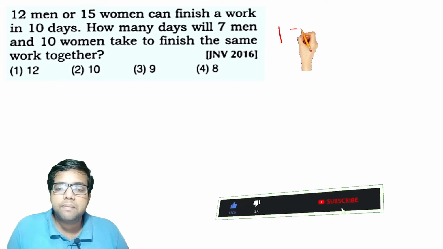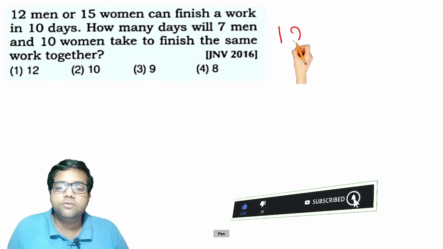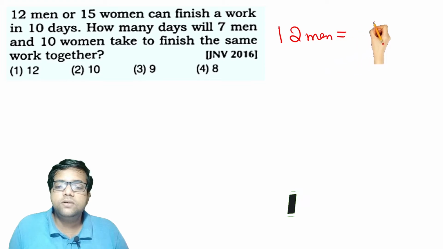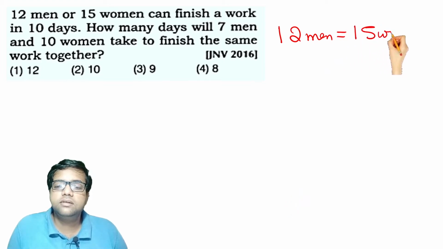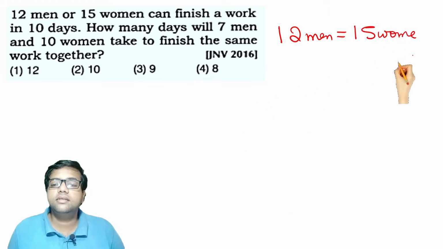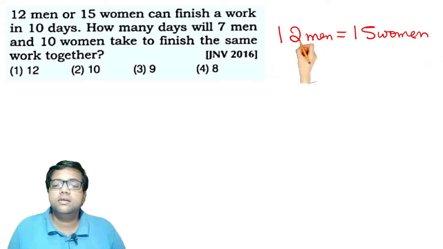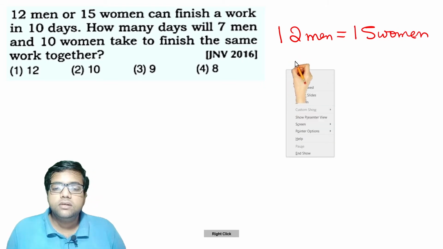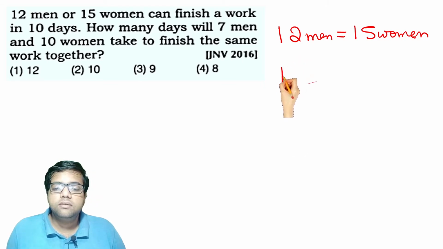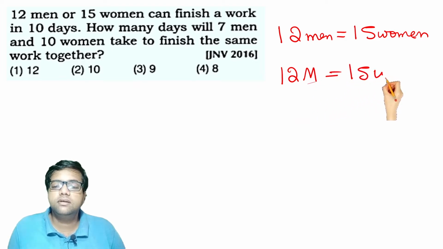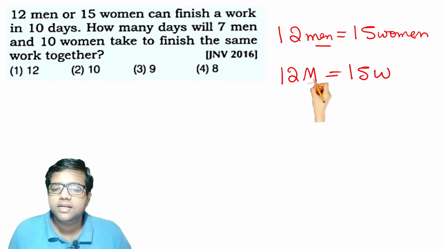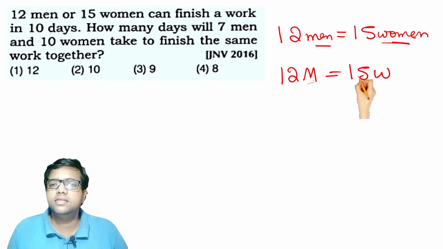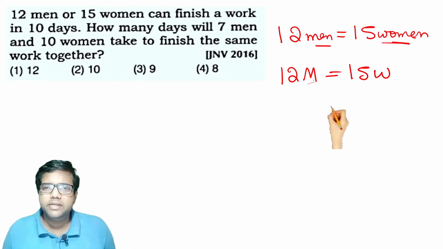So that means the capacity of 12 men is equal to the capacity of 15 women. Can I write like this? I can also write this as 12 men is equal to 15 women. I am writing men as M and women as W to avoid repeated writing.